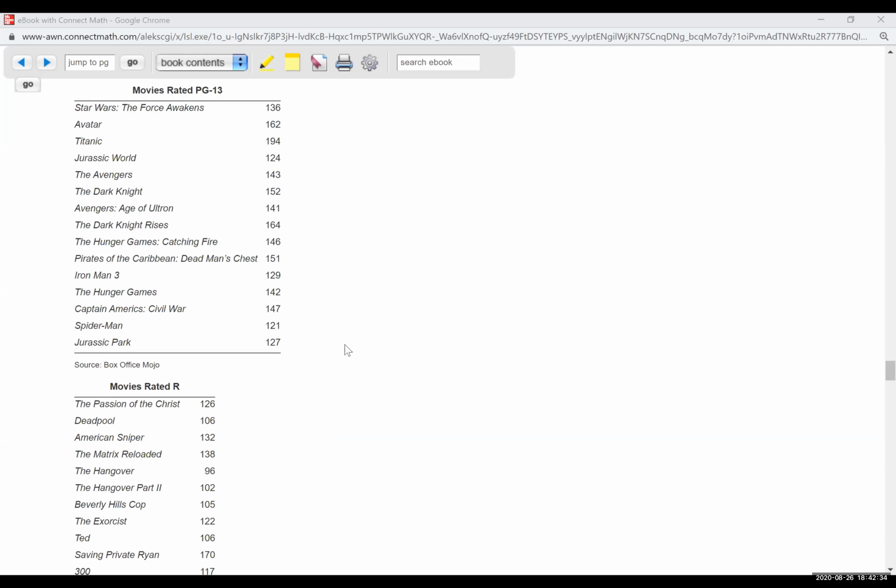For PG-13, what's the lowest and what's the highest? 121 and 194. How about the one rated R? 96 and 170.